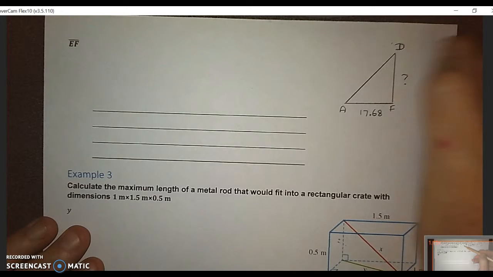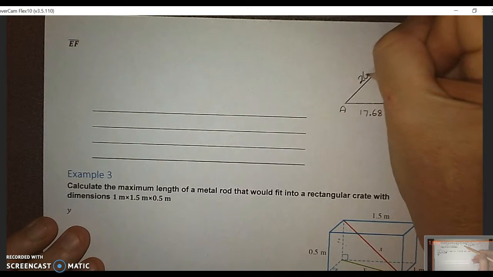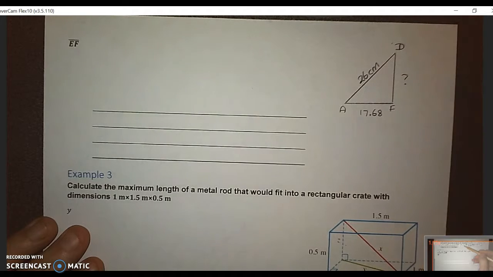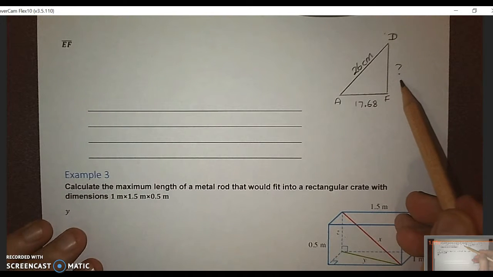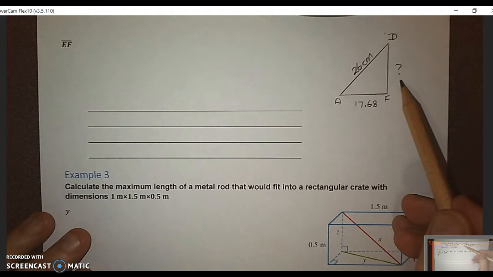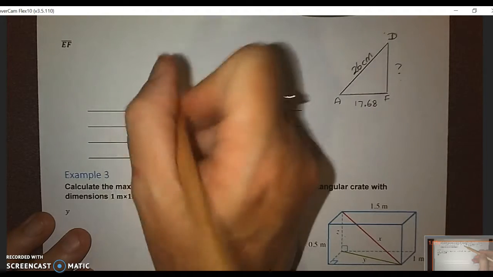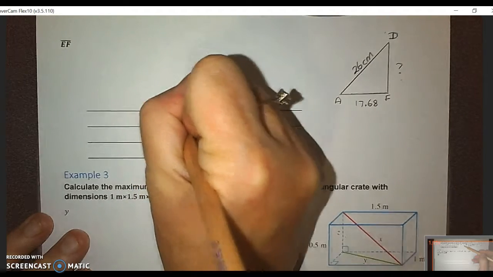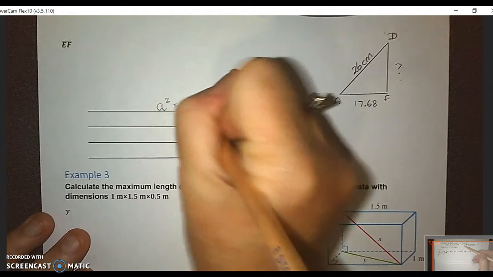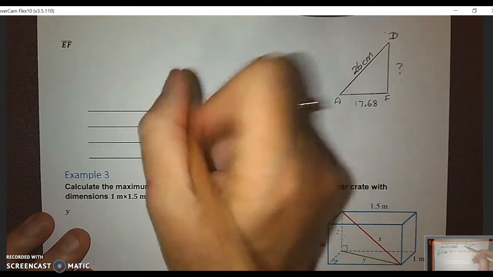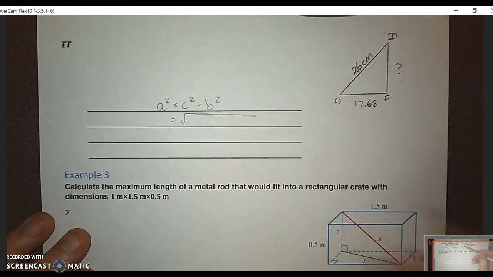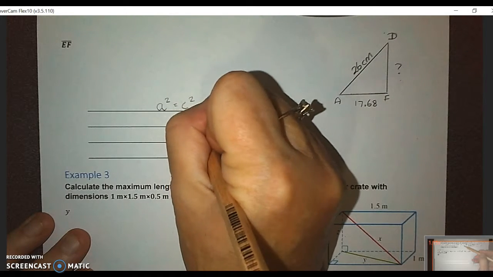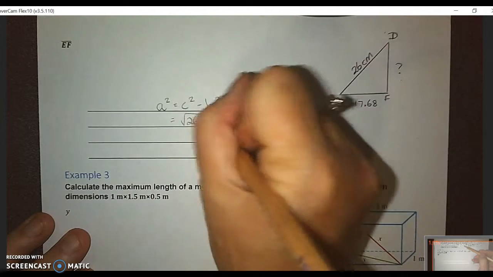We want to work that out, and this is 26 centimeters. So because we're working out the height of the side, we need to change our Pythag formula to a squared equals c squared take b squared. So our hypotenuse is 26 centimeters.